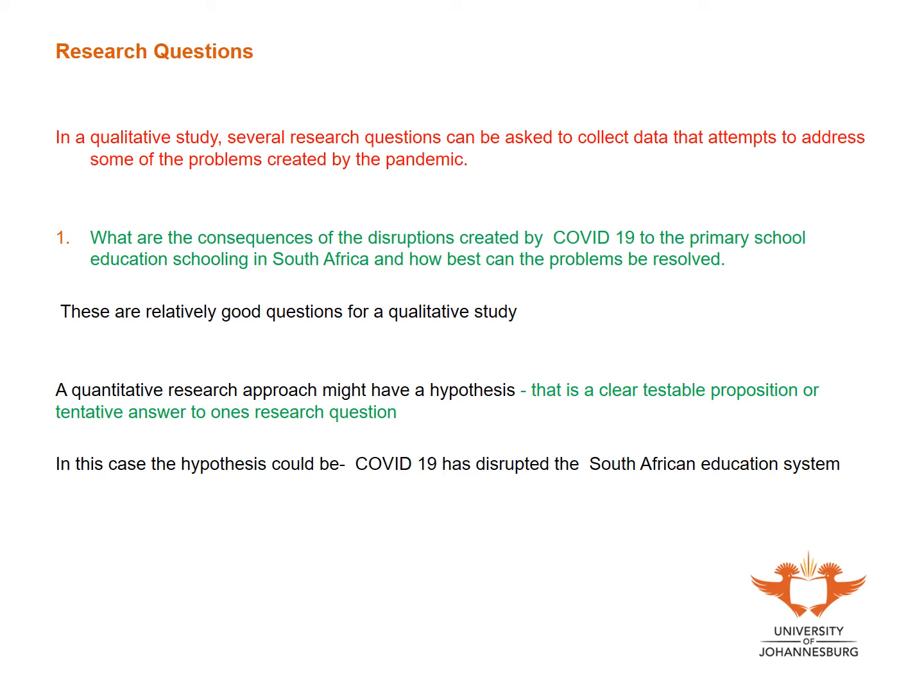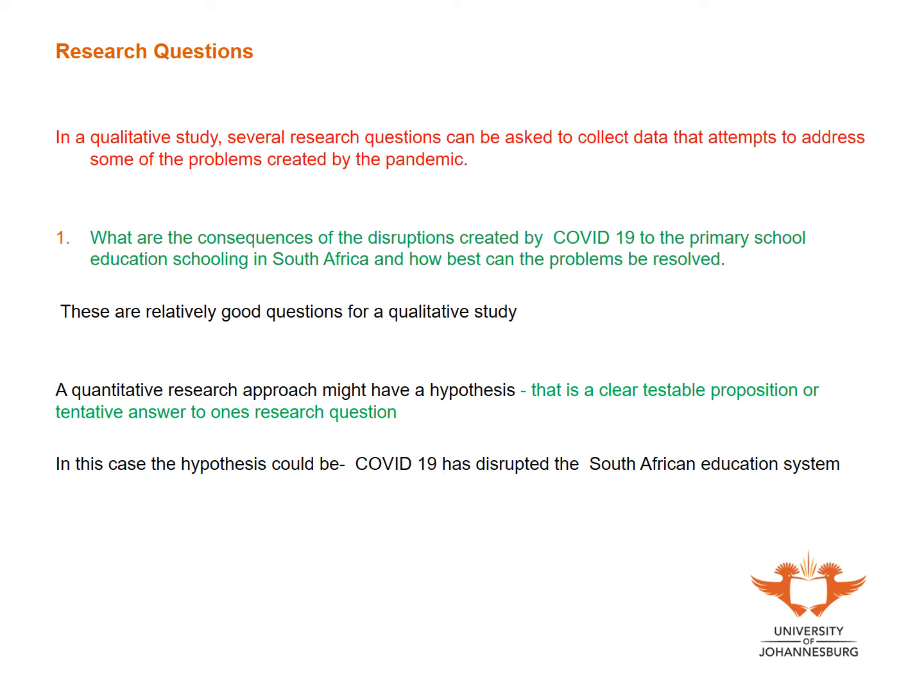Definitely, the year 2020 has been disrupted. So some of the consequences are that the year will be extended, it will not be the same anymore, and so on. So we need to research about that. However, that is not enough. We also need to think of how best we address the problem at hand. So that becomes one of the research questions.